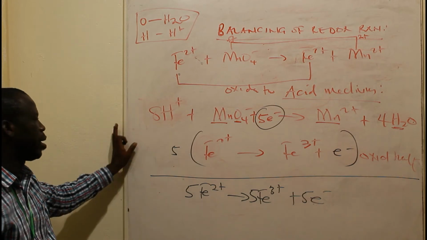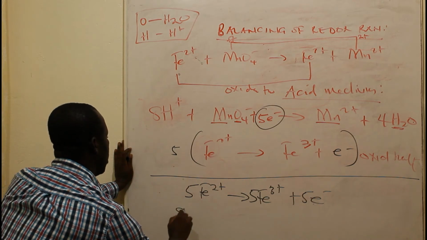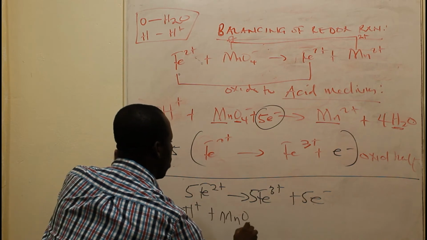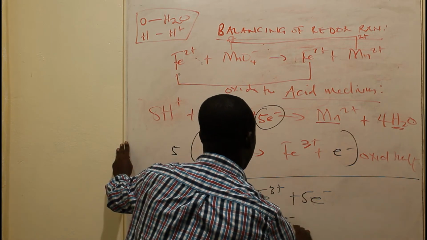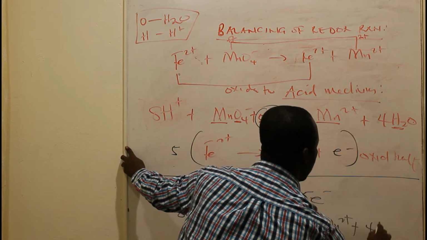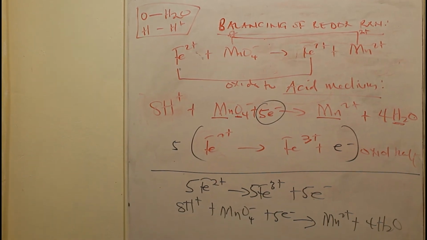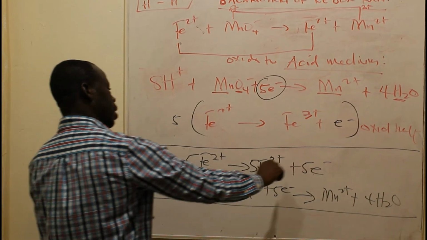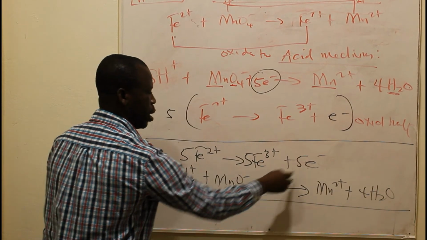But here, I don't even have to maintain it. So we write everything here: 8 H+ plus MnO4- plus 5 electrons to give you Mn2+ plus 4 water molecules. Doing this without the electrons, one is at the product side and the other at the reactant side, so they cancel each other.